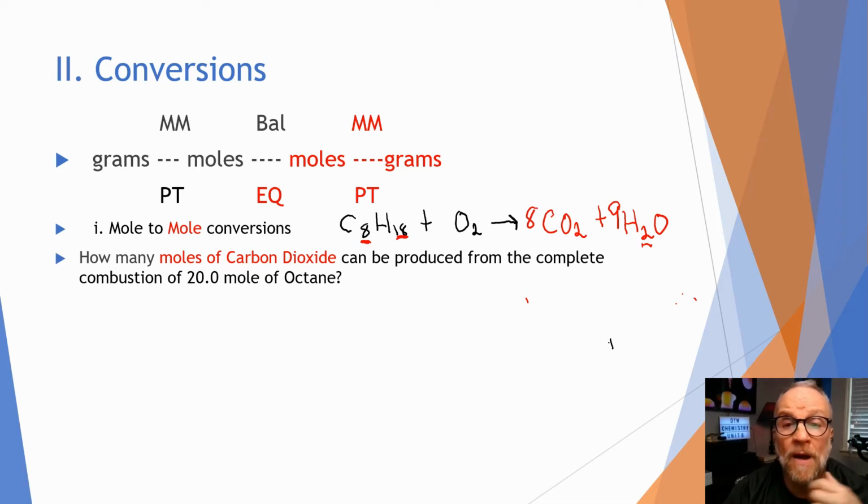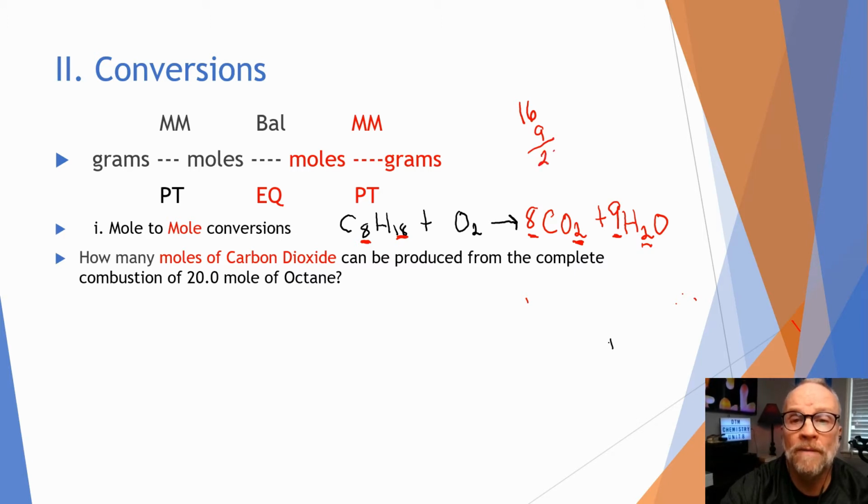All right, so we've got hydrogen and carbon balanced. Now we need to work on our oxygen. So we have 8 times 2 is 16 oxygen atoms in carbon dioxide, and we have 9 oxygen atoms in our water for a grand total of 25.